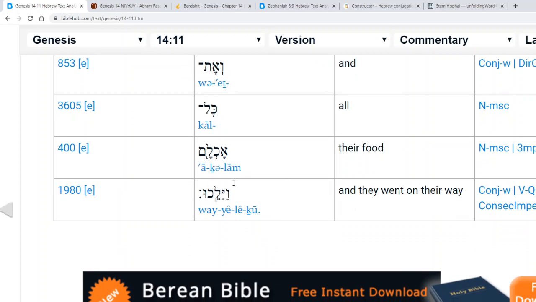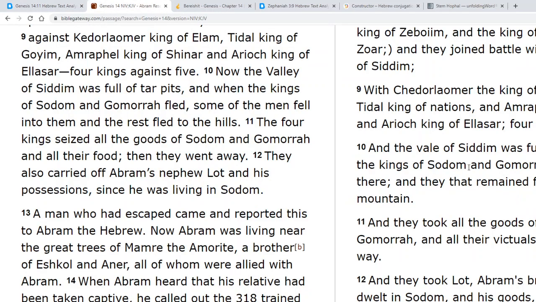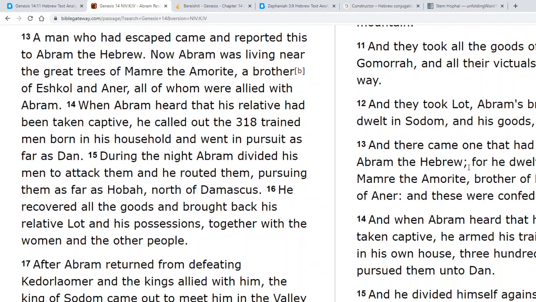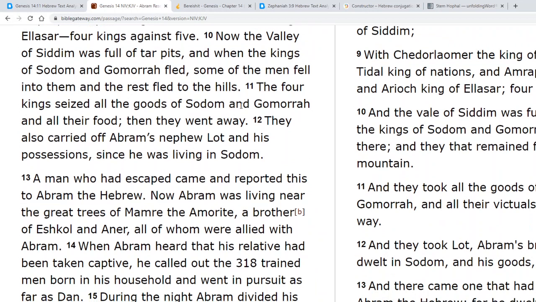It's obviously like lech lecha, which we spoke about. Okay, verse 11. And they took all the goods of Stom and Amorah and all their victuals and went their way. Okay. NIV. The four kings. So they're reading that the four kings.